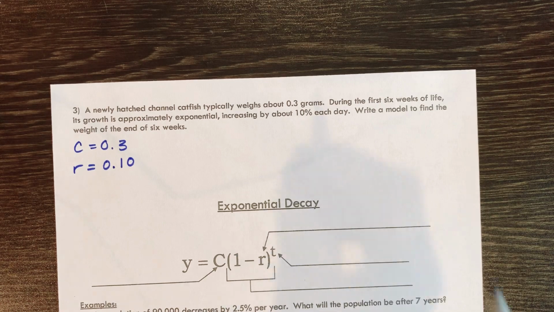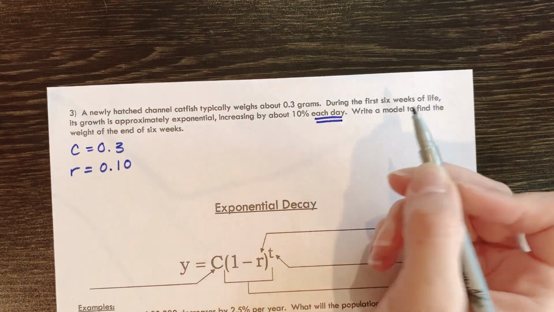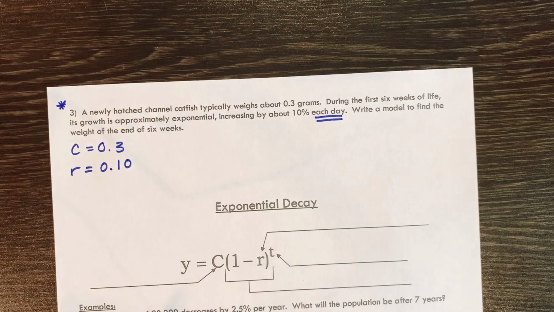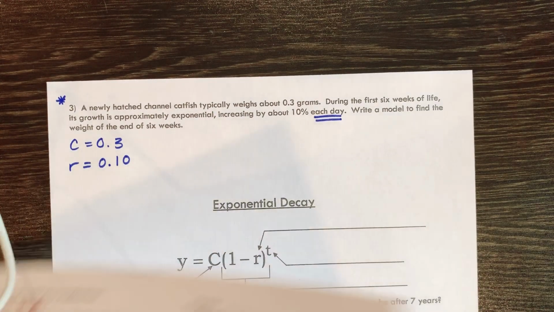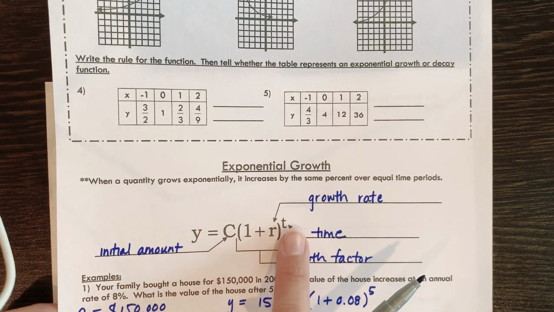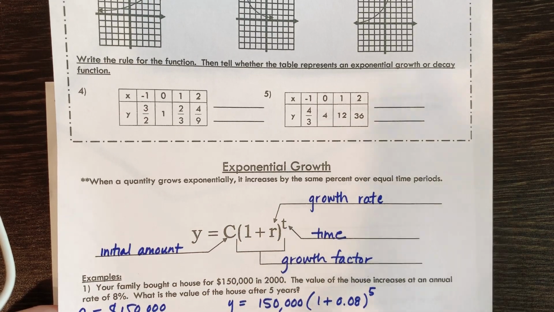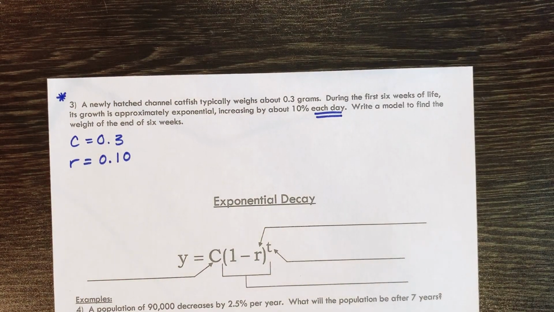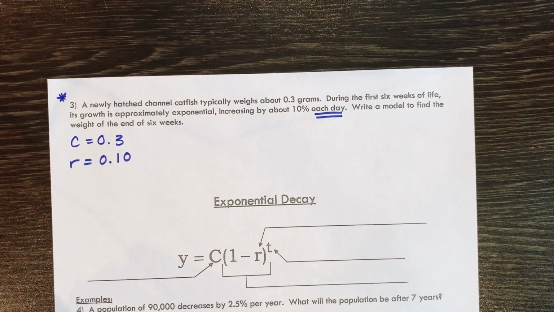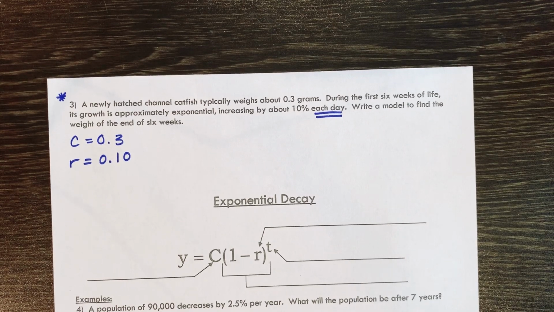The problem is that rate is a daily rate. So that makes this one a little tricky. And something we didn't necessarily talk about on the first page was your rate and your time have to agree. So if you're talking about a rate that changes daily, then what you plug in for time has to be days.